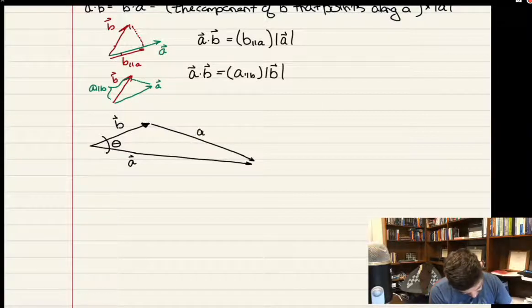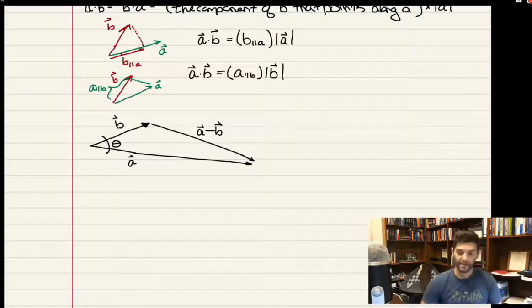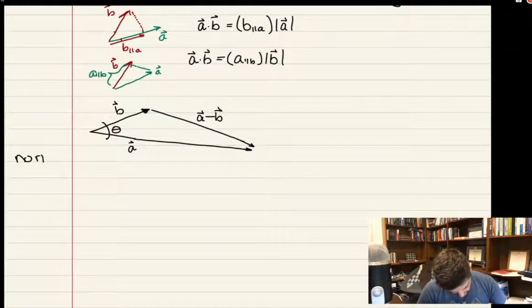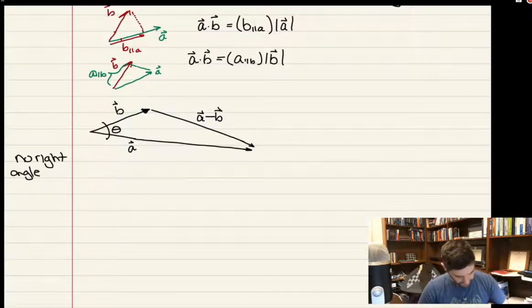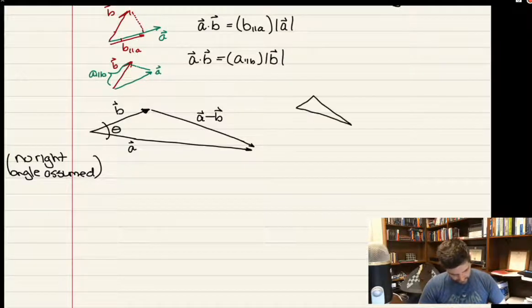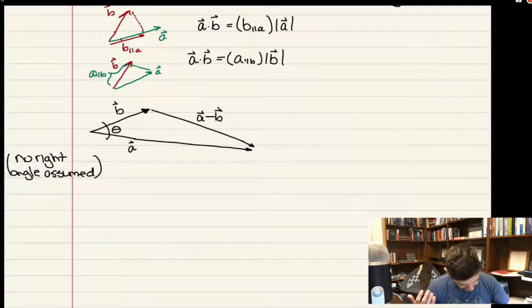So then this is A minus B. There are no right angles anywhere to be seen here. Now there could be. This proof still works, but I don't want to assume. You may recall from geometry. I'm so used to drawing right triangles, I just draw them naturally these days.